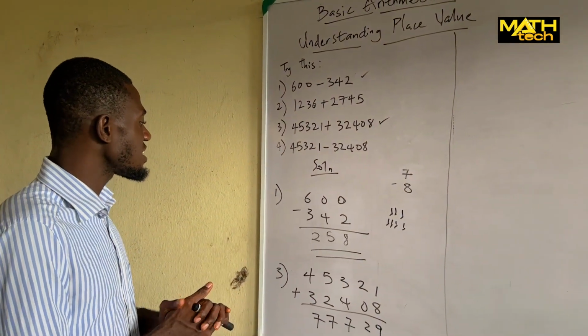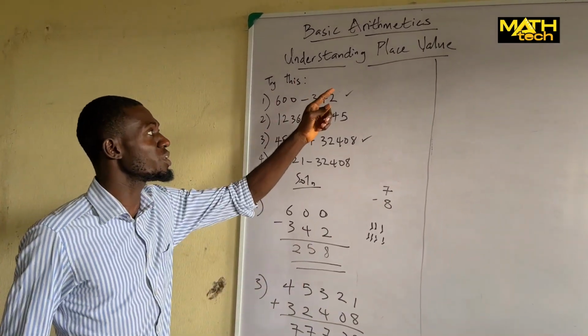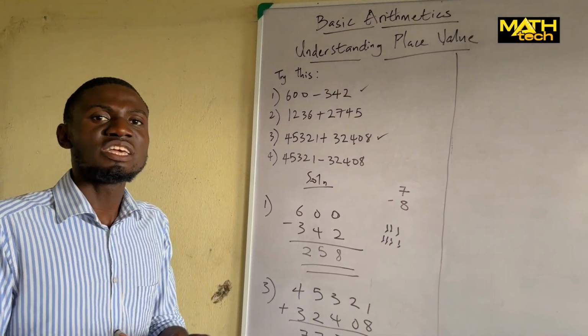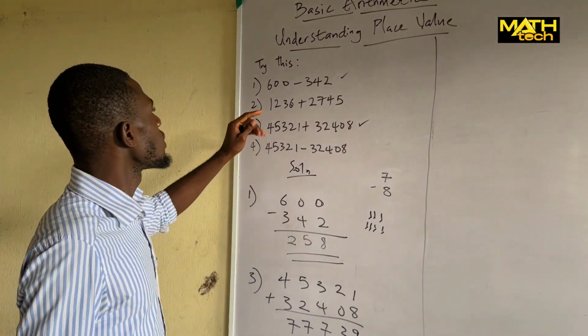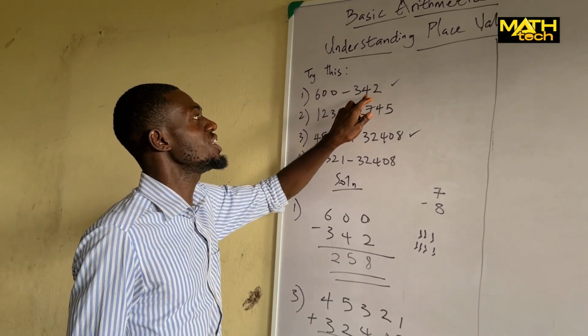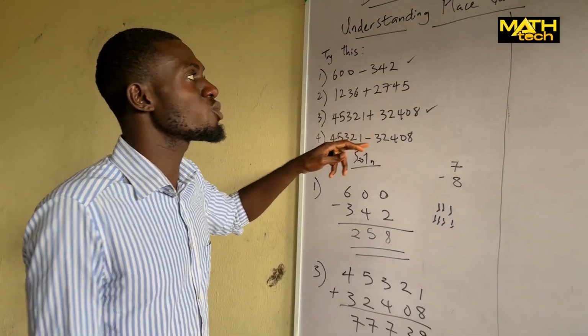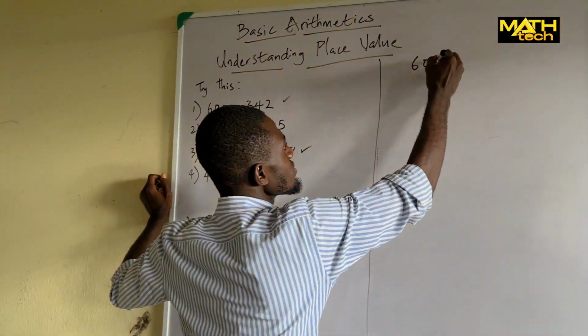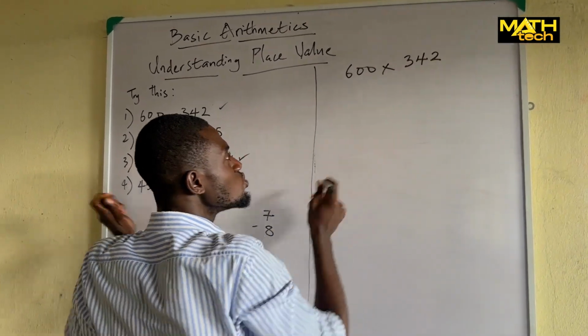So, knowing that, let's advance more. We've touched addition and subtraction in terms of place value. Now, let's touch the multiplication aspect of the place value. Now, we are given the number 1,600 minus 342. Now, let's change this our number 1 to 600 times 342.